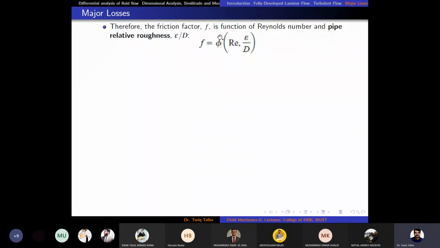we can come up with the relation that the friction factor is a function of Reynolds number and relative roughness. This epsilon upon D is the relative roughness of the pipe. In laminar pipe flow, the friction factor depends only on the Reynolds number, and that relation was 64 divided by Reynolds number.